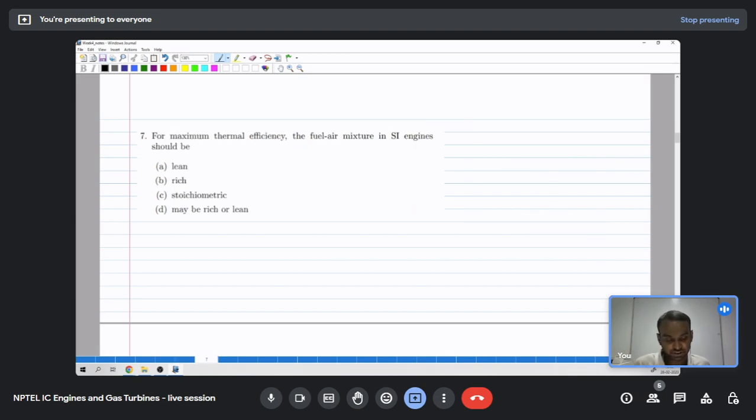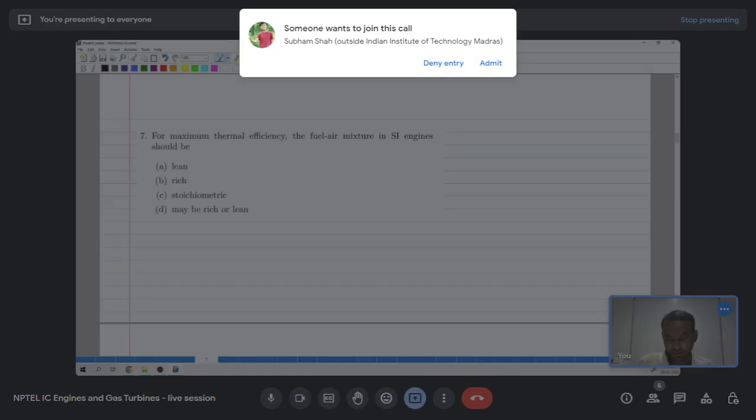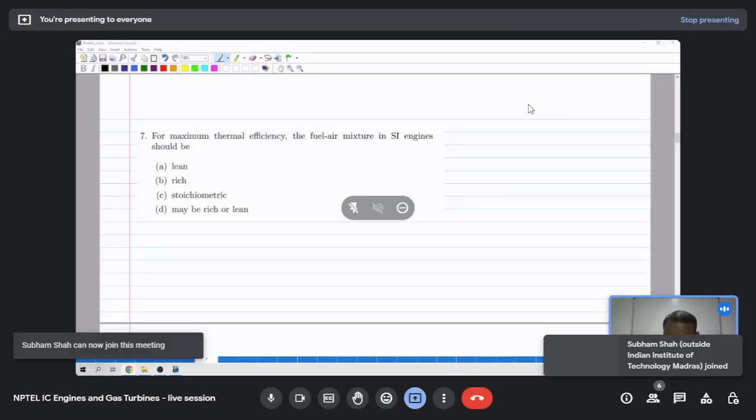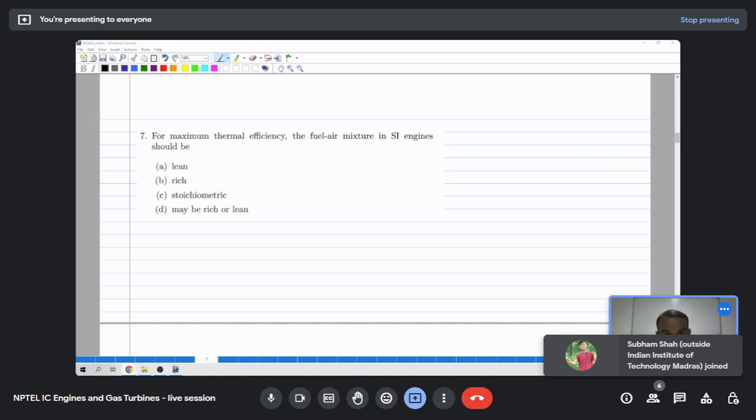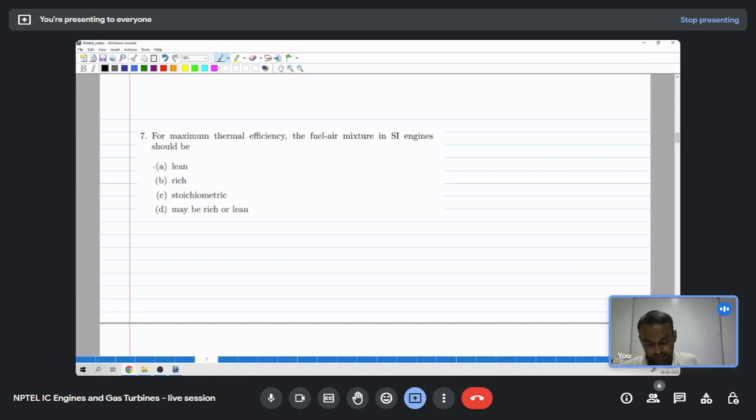For maximum thermal efficiency, the fuel air mixture in an SI engine should be lean, because when we go richer, the gamma value is 1.45 here, right, and the Otto cycle efficiency is 1 minus 1 by r to the power gamma minus 1, and as gamma increases, efficiency increases.